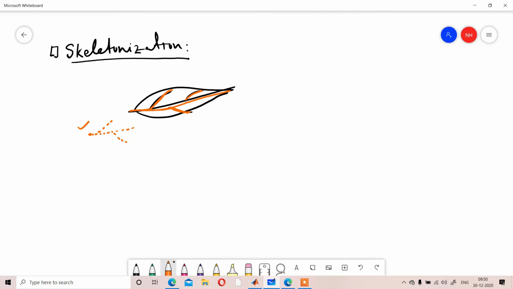Okay, now what is the difference of skeletonization from thinning? Thinning operates depending on the structuring element, and it is not providing a single pixel line, but skeletonization is providing a single pixel line.